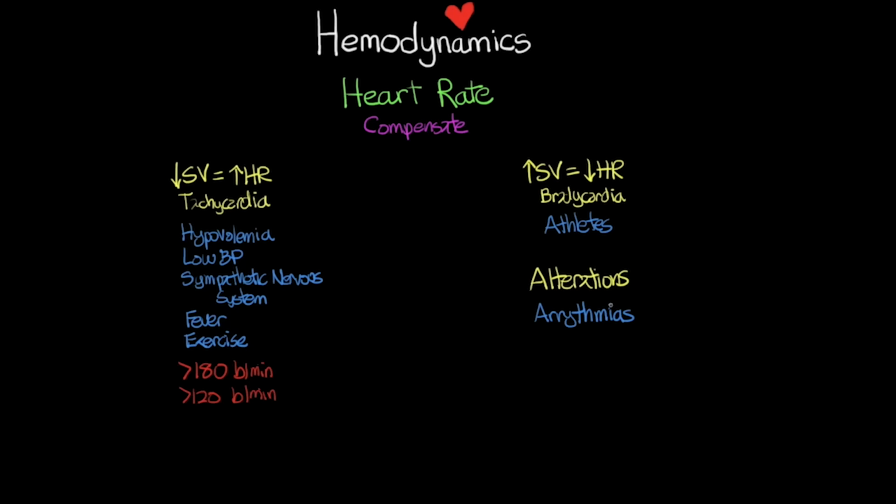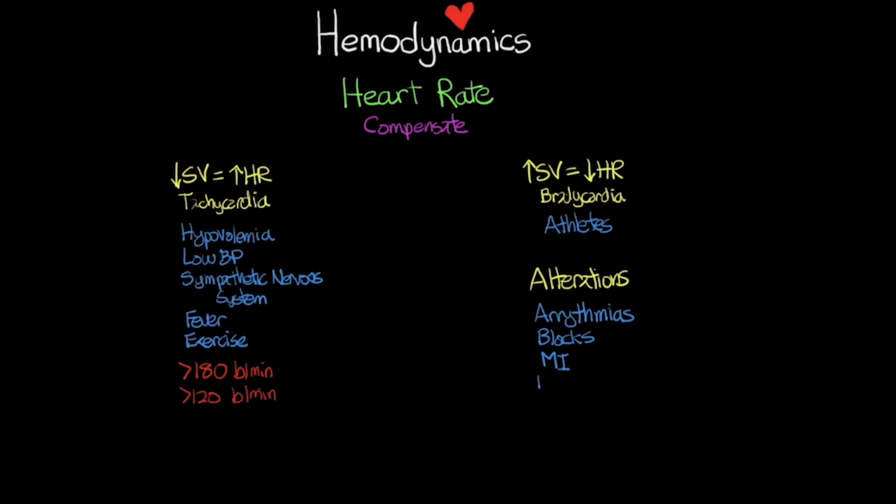Another thing that's going to have an impact on our heart rate is if we have different heart blocks. And this is primarily going to be our second degree and third degree blocks, but these are going to impact our heart rate and, again, will have an effect on our cardiac output. Also, if a patient has had an MI, this can as well have an impact on our heart rate.